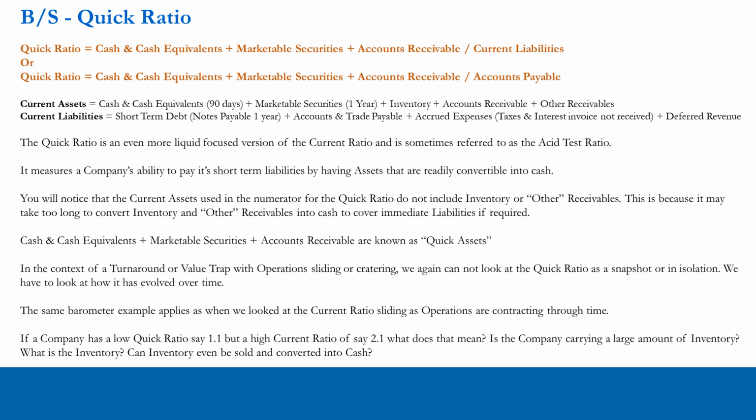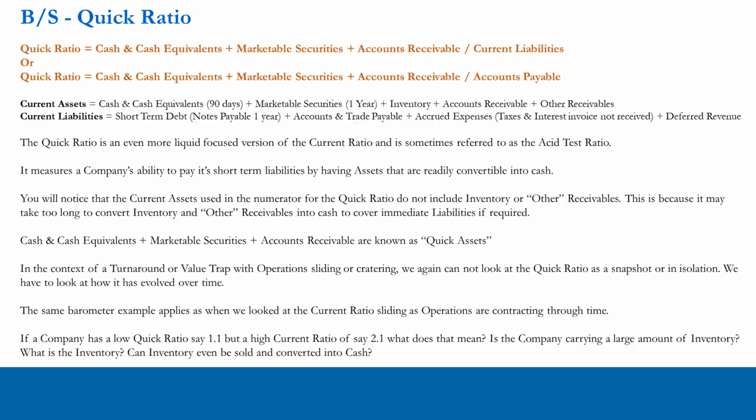That's because it might take too long to convert inventory and other receivables into cash to cover immediate liabilities if the company is required to do so. So cash and cash equivalents plus marketable securities and accounts receivable are known as quick assets.